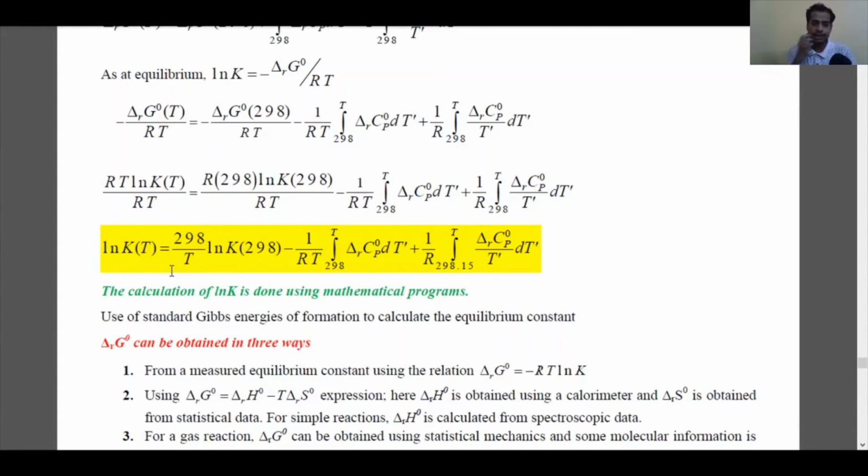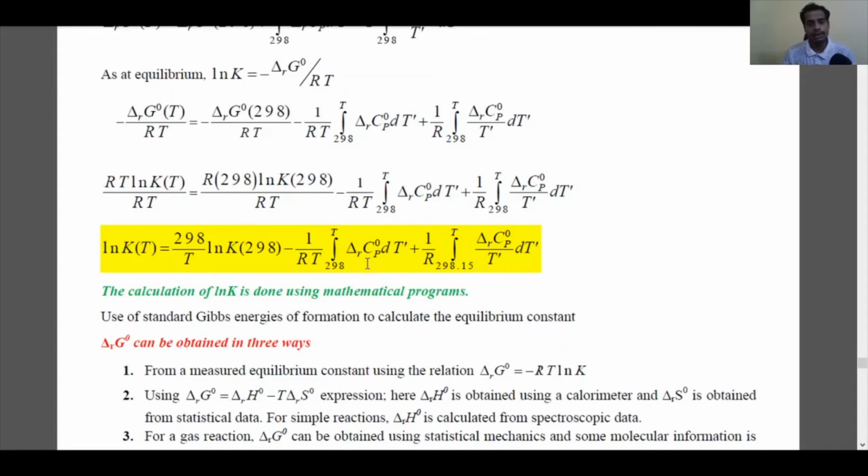Again, I am repeating, this is special case 2. Here we have assumed that the reaction enthalpy and reaction entropy at standard state are dependent on temperature, and further they are a function of heat capacity at constant pressure. So this heat capacity term is also appearing here.